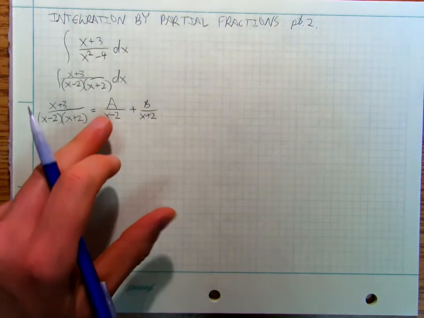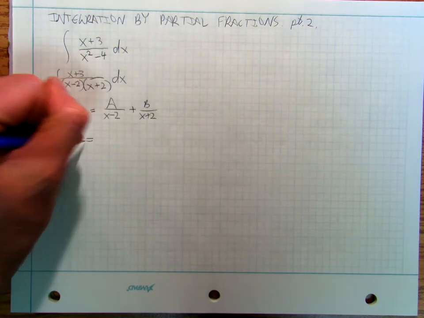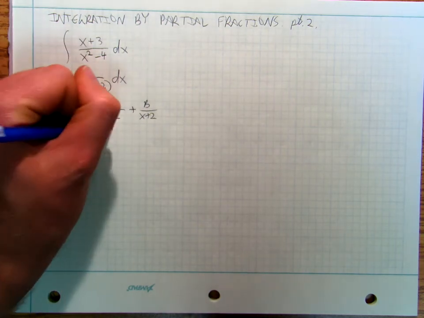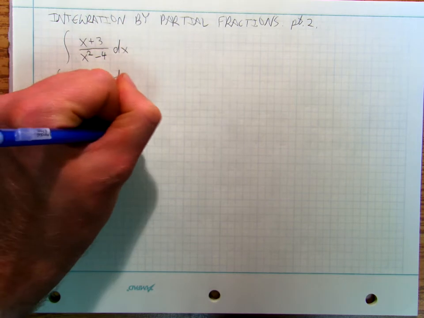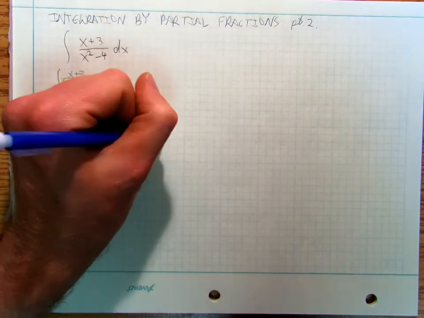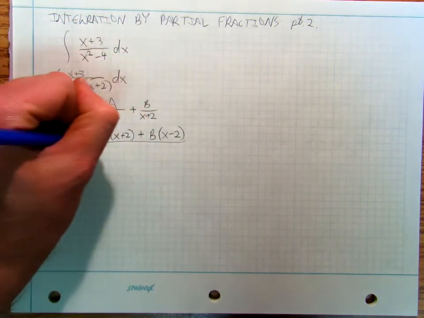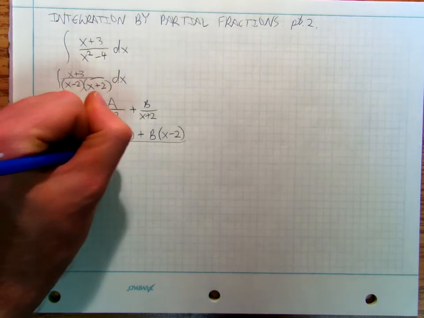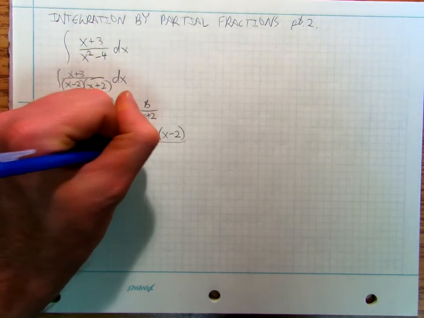So now I can rewrite this as A(x plus 2) plus B(x minus 2) all over (x minus 2)(x plus 2).